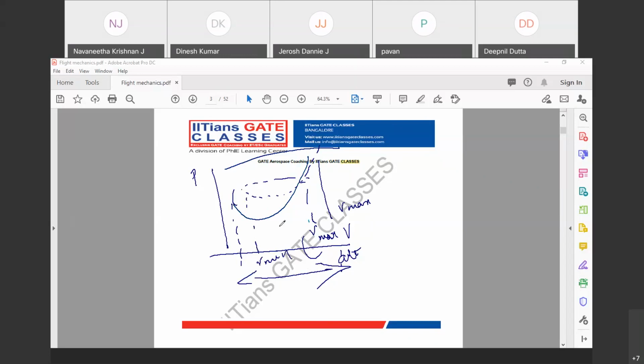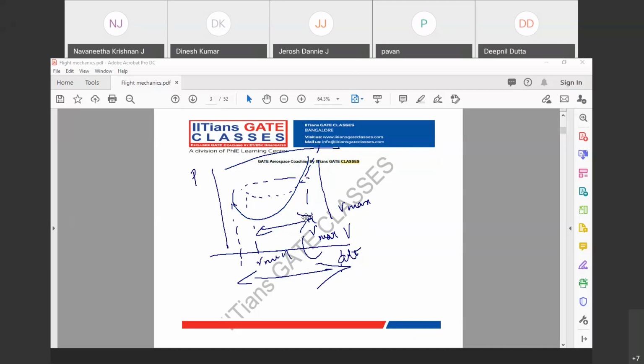So the range it can operate in at higher altitude decreases. You can only operate in this velocity regime. You cannot operate in the higher velocity regime. Only within this regime does your aircraft have better performance. Beyond this regime, you cannot go.